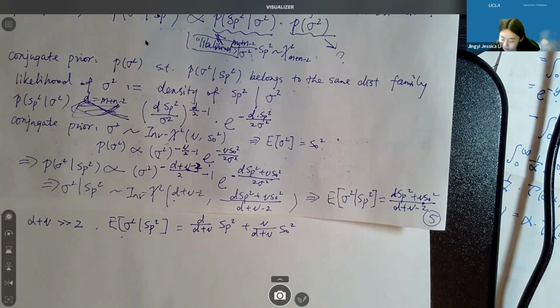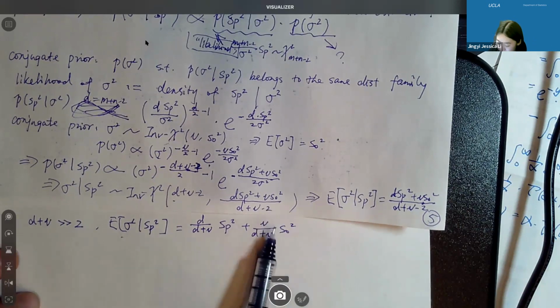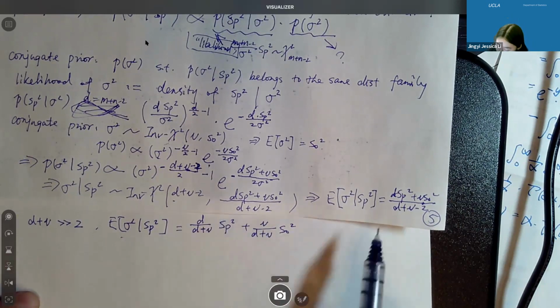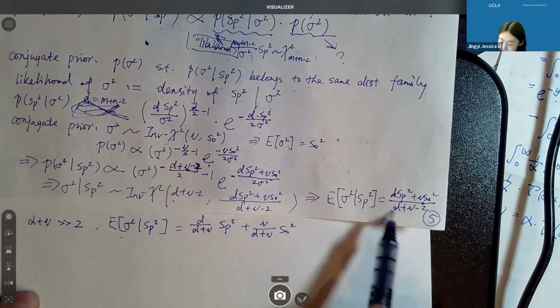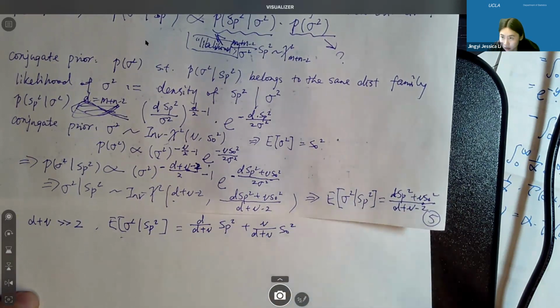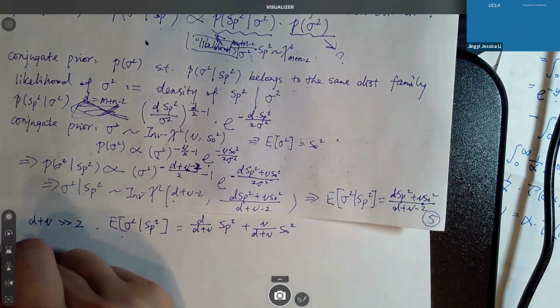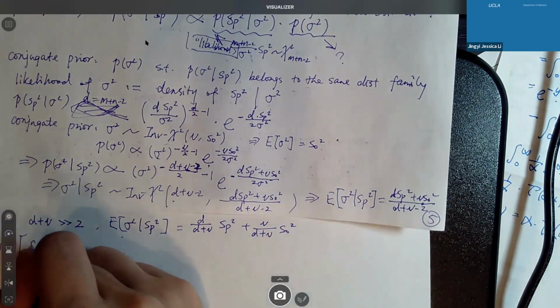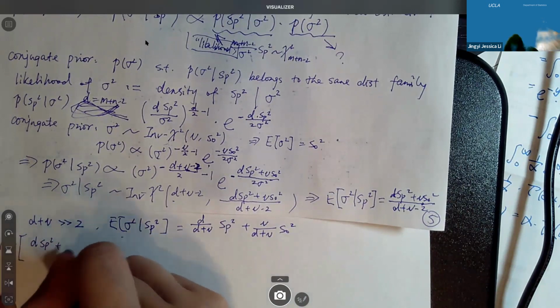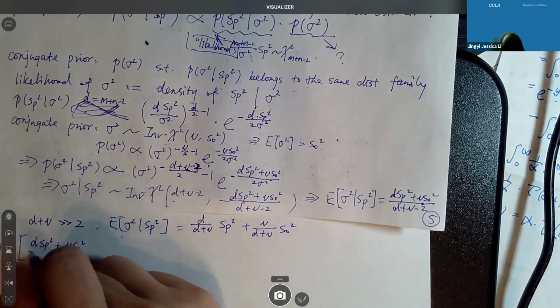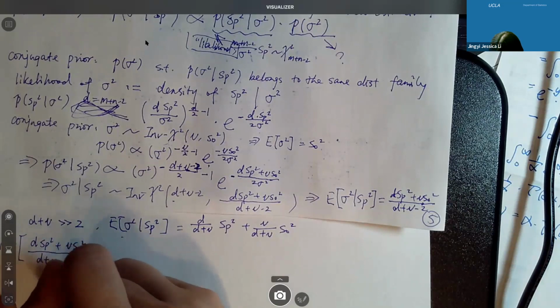That is, how do we know if this thing has reduced variance? That's our original purpose. Don't forget about this. If we use this as our new estimator, then what's the variance? The variance of this thing, D Sp squared plus V S0 squared divided by D plus V minus 2.